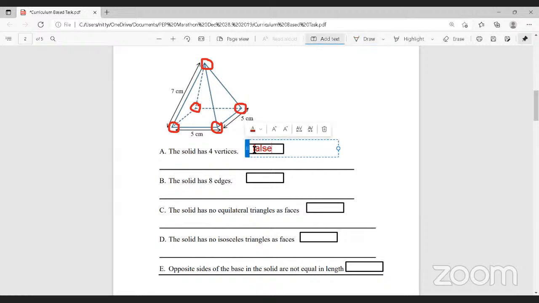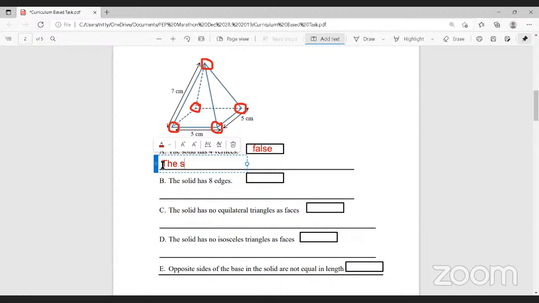And we have to pay attention to the instruction, guys. We have to pay attention to the instruction, so when we answer, we get our full marks. So the correct statement is, all right. Okay, I see you guys saying it has 5 vertices. Now we have to write it in a sentence based on the sentence given. The sentence given says the solid has 4 vertices.